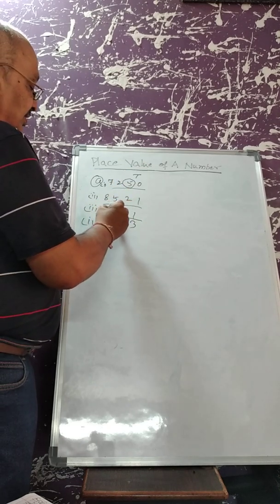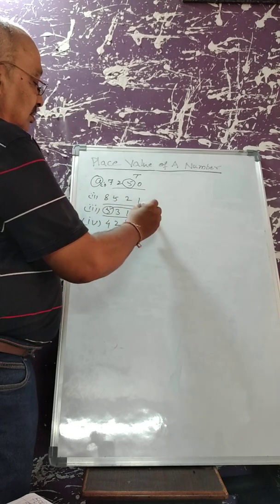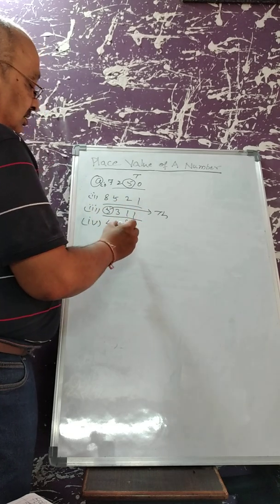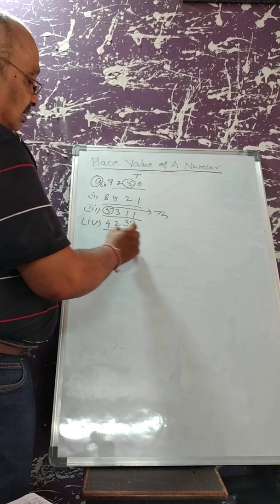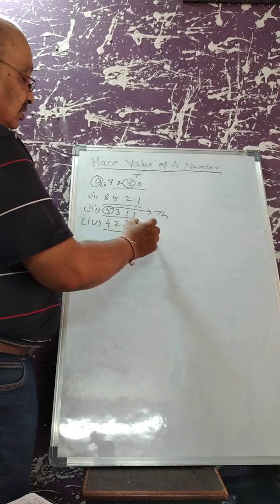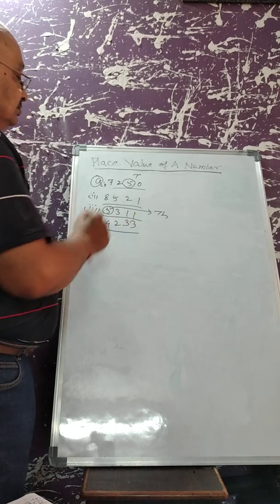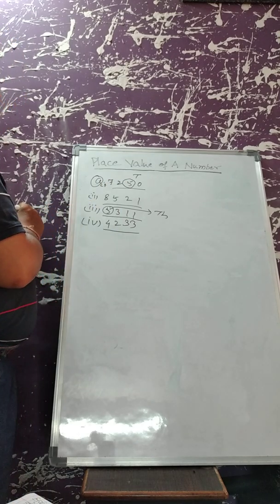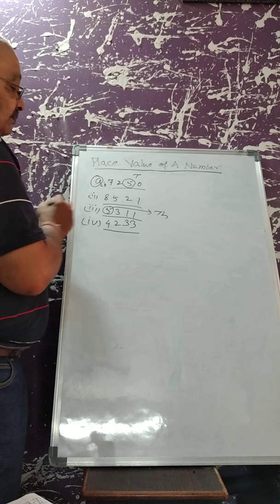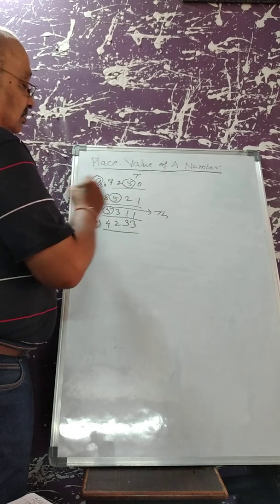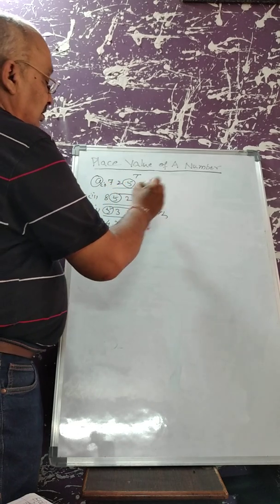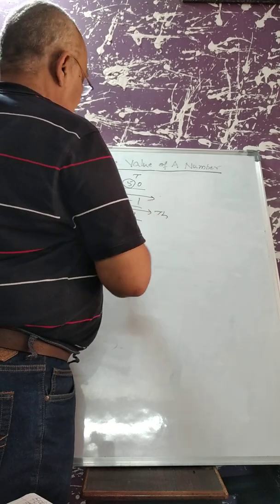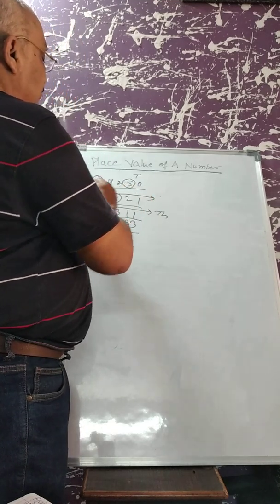Here it is at the place of 1000, and here you are not getting any 5. So ultimately, where is 5 at the place of 100th place? It is here. So here, you have to circle this one.